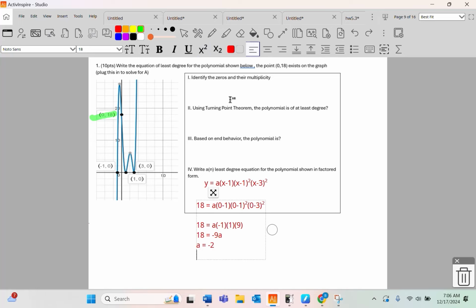So I'm going to plug that in right up here. I'm going to change it over to calling it f of x, because it just looks nicer. Something's wrong. Oh, that's a plus. Well, phooey. Okay, so that makes that a positive 9a, which means a is 2. Hope you caught that before I did.